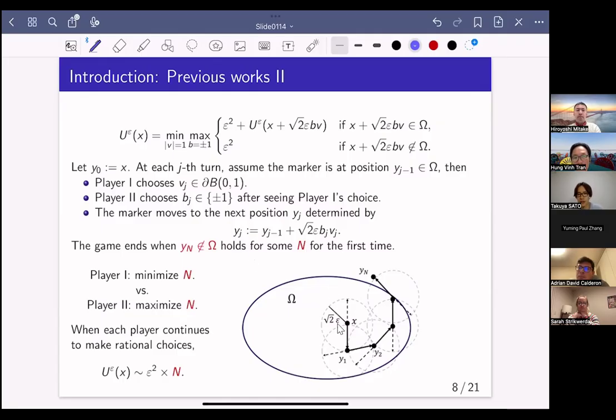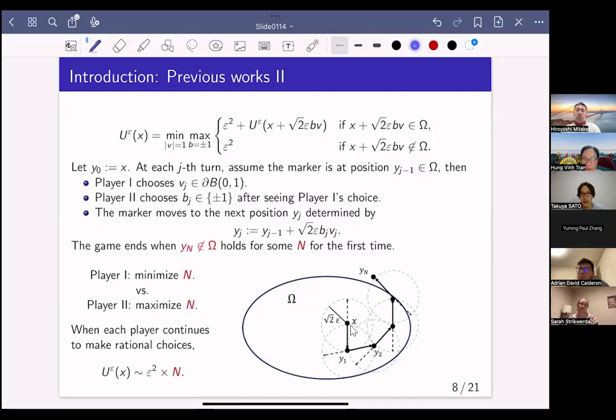This equality means that if our marker is at point x, and player 1 chooses a unit vector, for example this vector, then player 2 can use plus or minus 1. This means the marker can go to the next position b or minus b, scaled by epsilon.